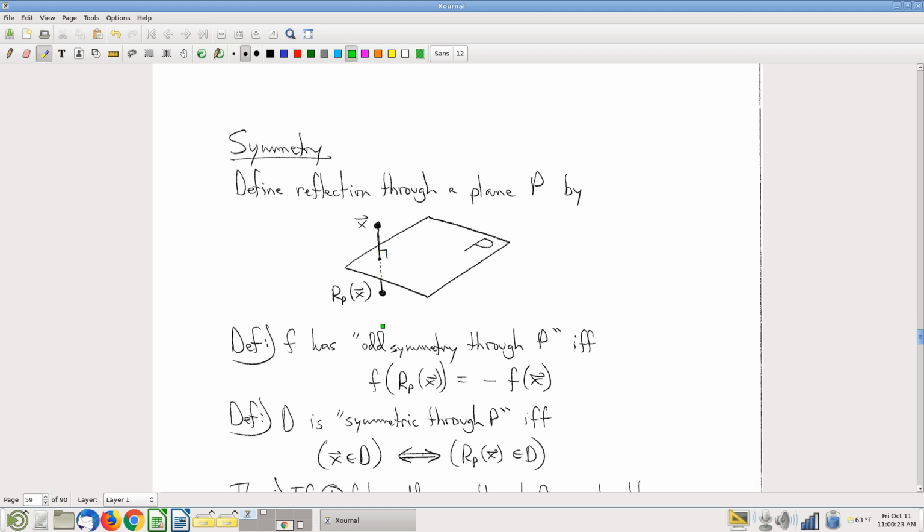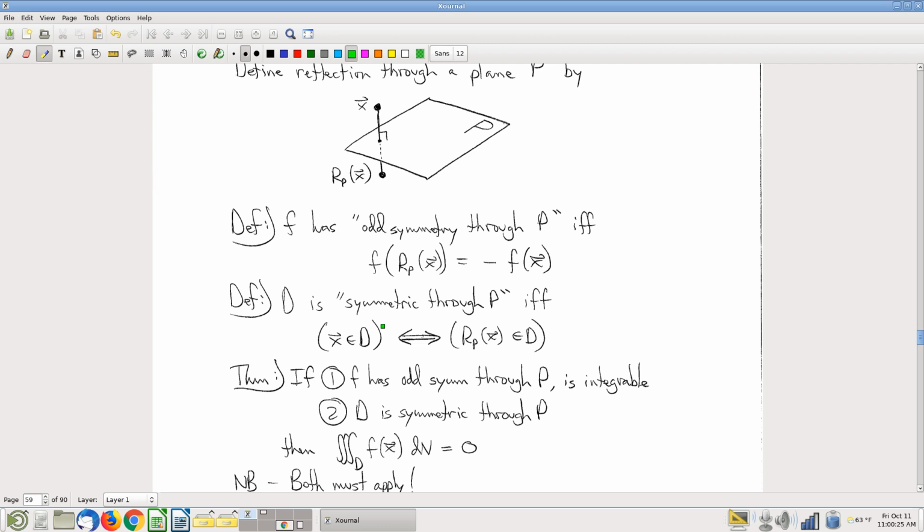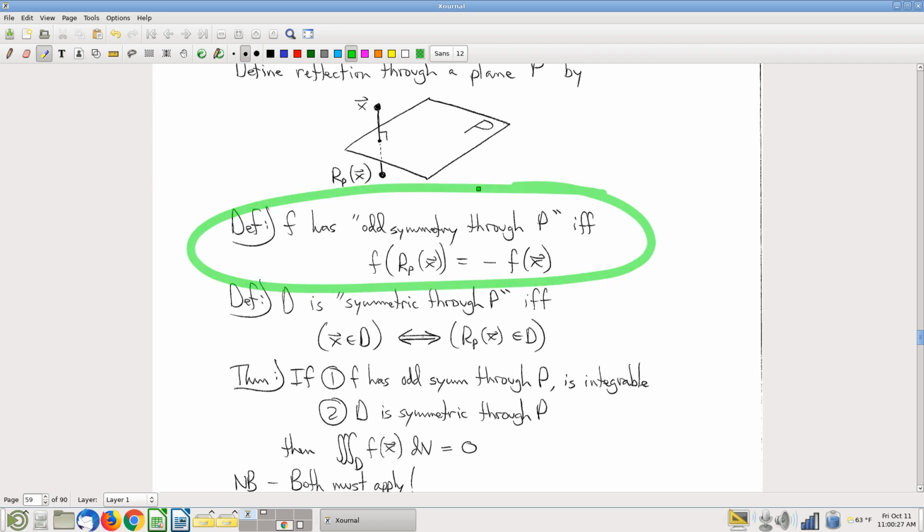Okay. We have analogous definitions of symmetry. What does it mean for a function to have odd symmetry? It means that when you look at a reflected point versus when you look at an original point, you need the value of the function to be the negative of the other.